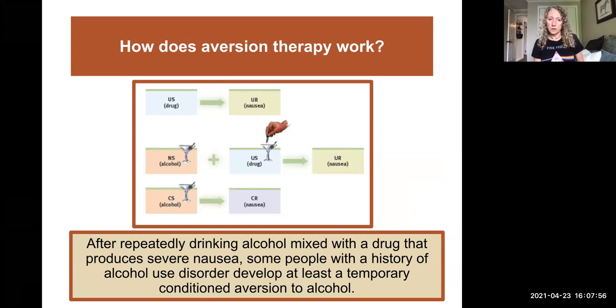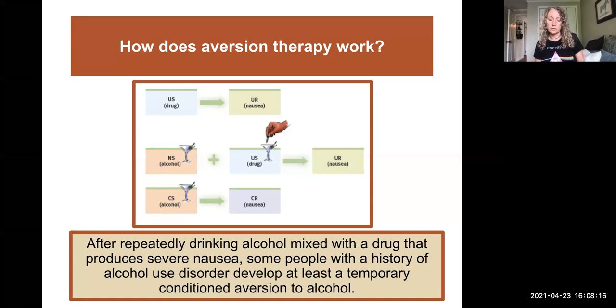We know naturally that a drug that makes you sick is the stimulus, and if you get the drug, you're going to feel nauseous. That would be the unconditioned response. What they did was taint the alcohol with the drug, and then, of course, people felt nauseous.